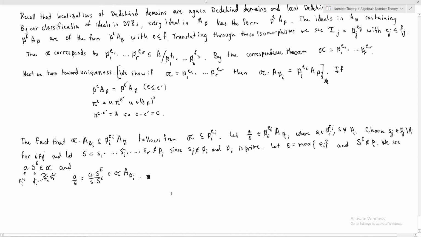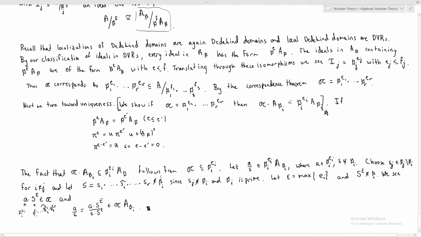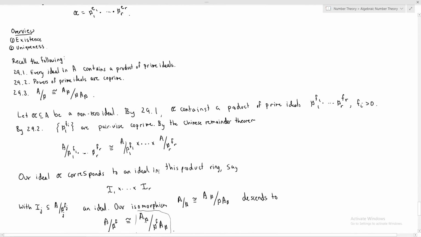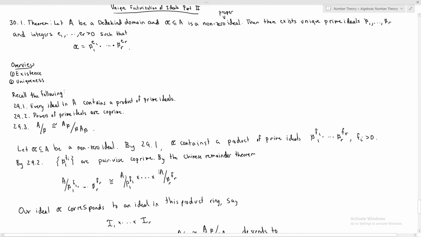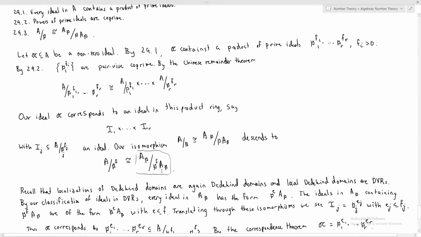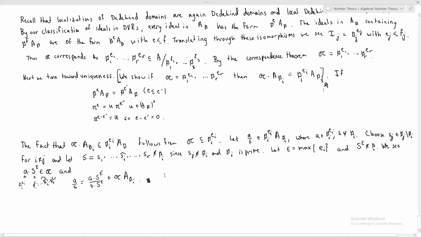Okay, so using the structure of ideals and DVRs and the structure of Dedekind domains, we prove that ideals in Dedekind domains factor uniquely. Yeah, so this is some way of salvaging unique factorization from the integer case.